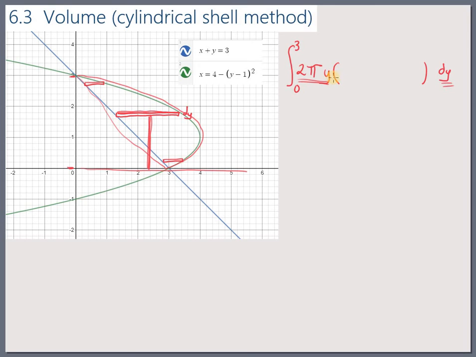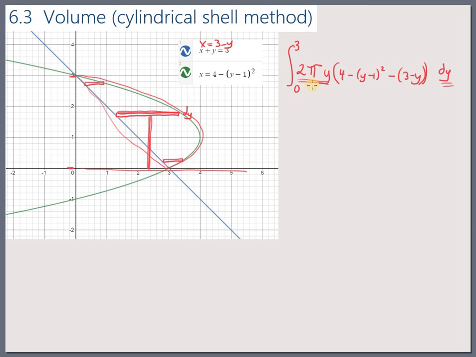So the green line is given by 4 minus parentheses y minus 1 squared. And the blue line, and keep in mind we want this in terms of y, so we'll need to solve this blue line for x. So let's say x is 3 minus y.